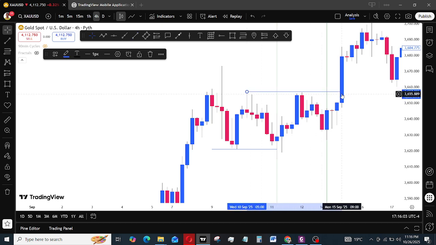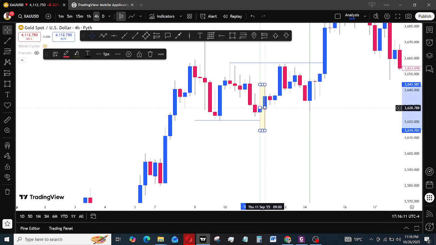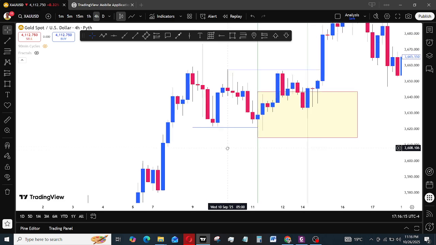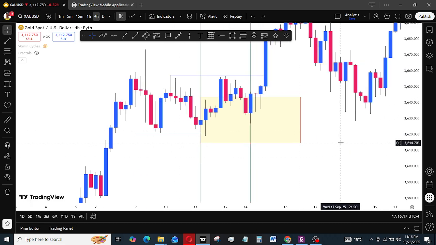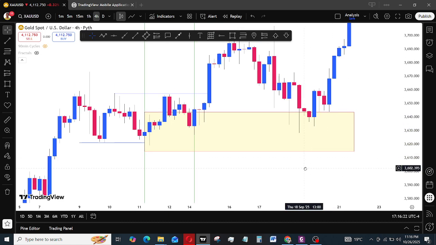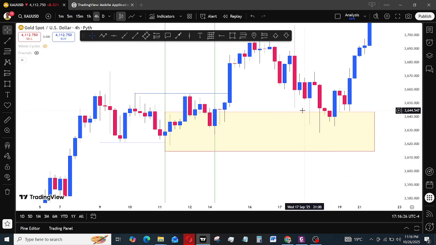So if you see something like that, just know that this is a very, very strong order block. From this point to this point, this is a very strong order block. It can hold, in fact, it's here. You see, it came and held price and then moved in that direction.